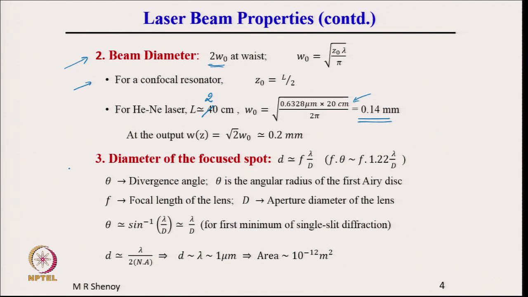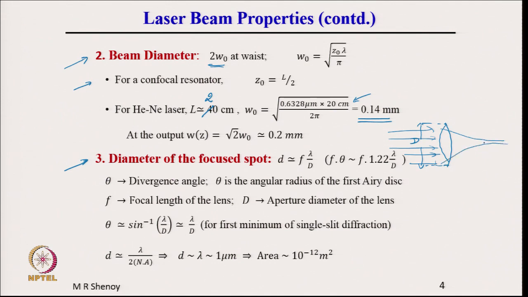The diameter of the focus spot, let us see. If there is a laser beam which is incident and it is focused by a lens, let us consider a lens, and the diameter of this aperture is d. For simplicity, I am filling the aperture. So, the laser beam which is incident gets focused to a spot.